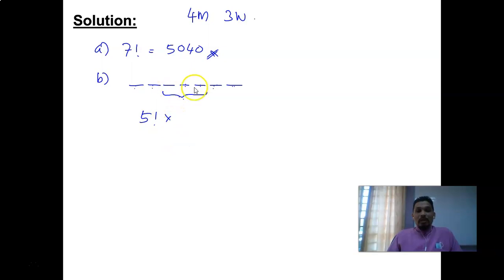By the way, among those 3 women, they also can switch the position among them. These 3 women are 3 different persons, and they may change the position among themselves. So we consider it also 3 factorial. So 5 factorial times 3 factorial equals 720.